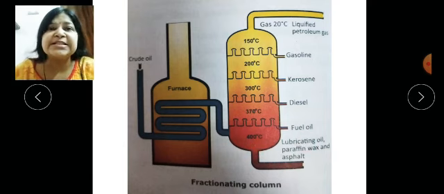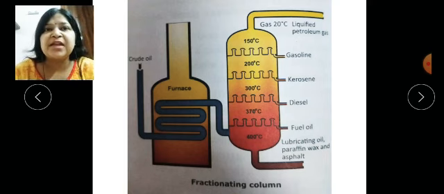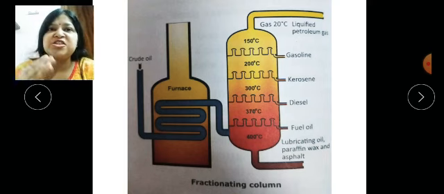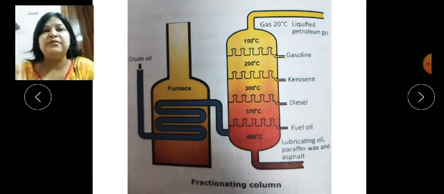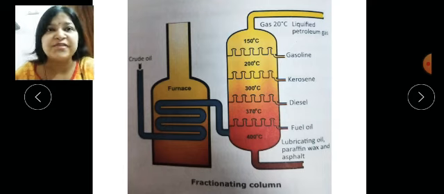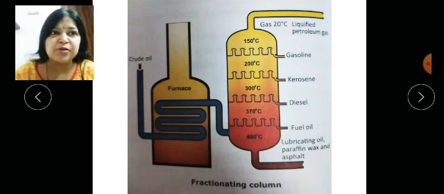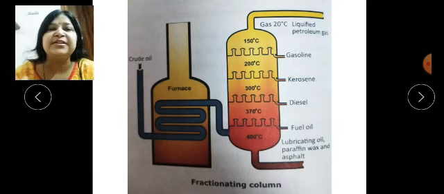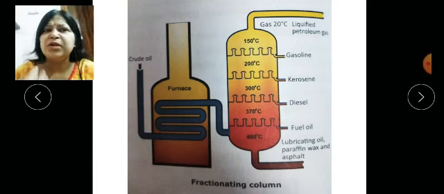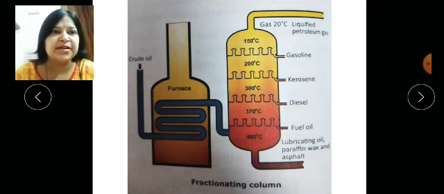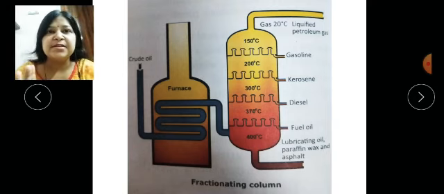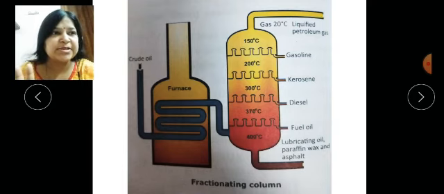In maths you have learned fractions, which means parts. Here also we are separating different components, in fractions, from one mixture based on their different boiling points. Remember, the lower one we get first, then the higher one. Remember just these few principles, the lowest one we get first, and then you will understand the simple distillation method and the fractional distillation method.